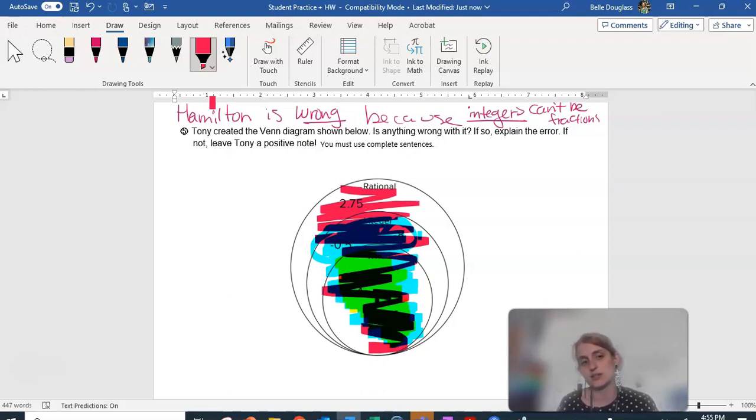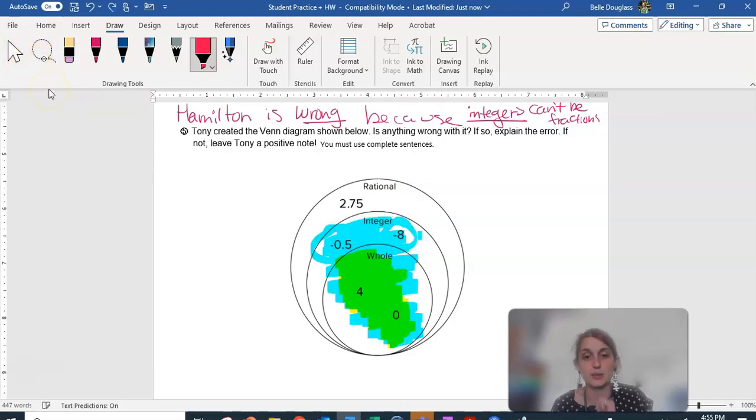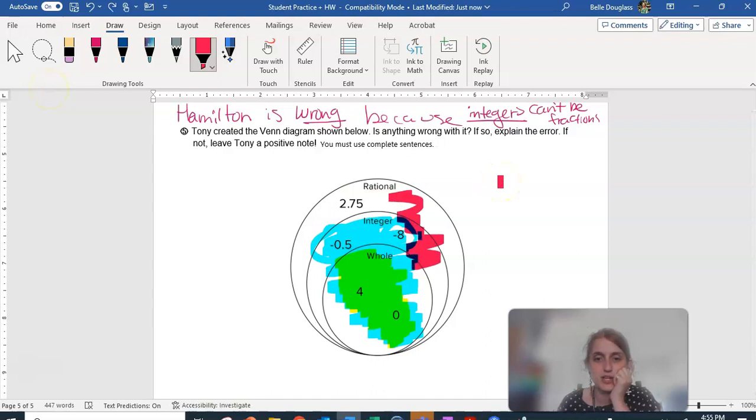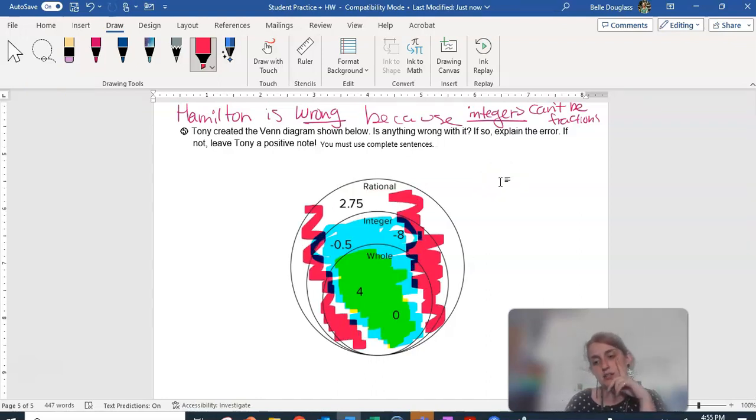Now, the only issue is, let's see if I can undo what I just did so you can see it again. There we go. We'll just shade on the sidelines. The only issue is are all these rational numbers placed in the correct integer or whole number section? You have to write me a sentence giving me your opinion on that. And now we're done with our homework.